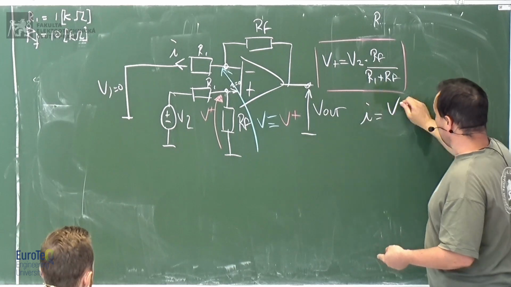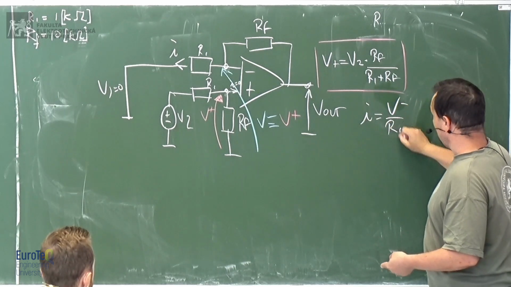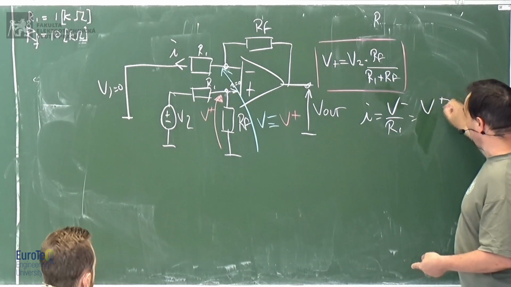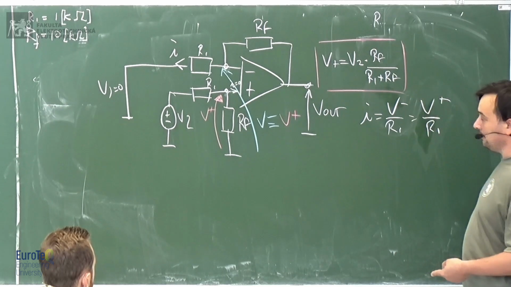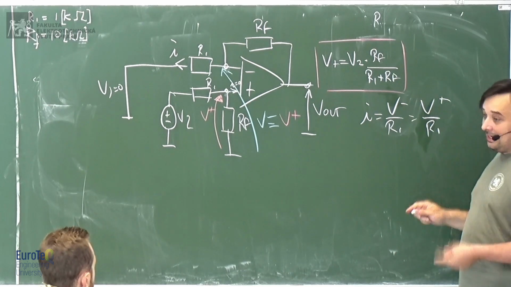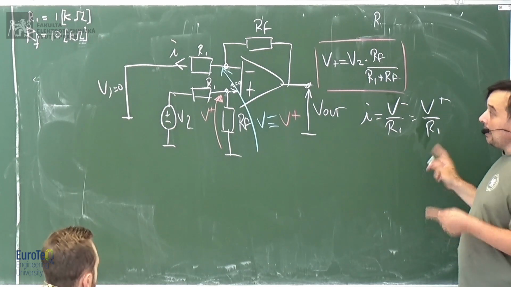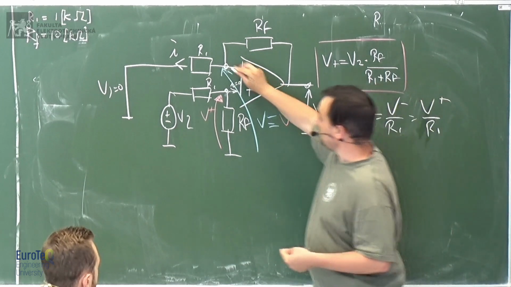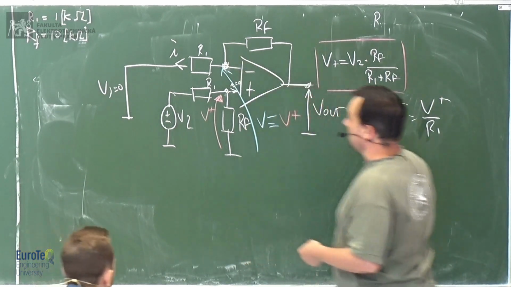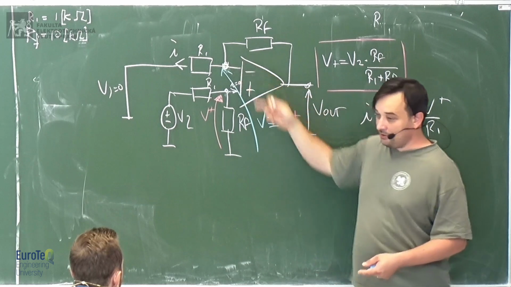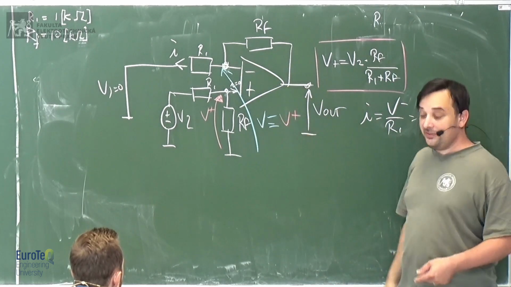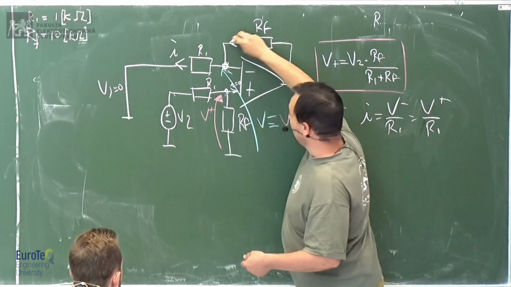V minus divided by R1, which is equal to V plus divided by R1. Now, this current, is there any mistake? No. This current cannot come from the operational amplifier, from the negative input, so it's the same current through RF.